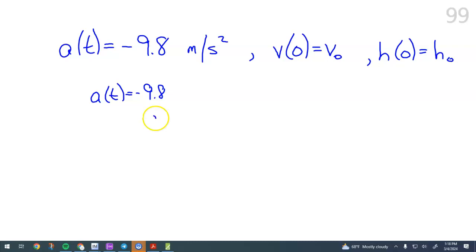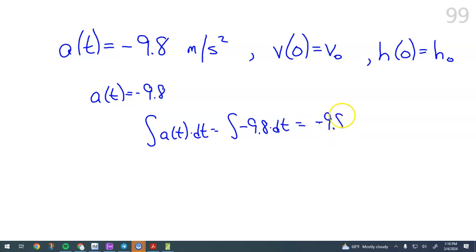Well, if I integrate, that'd be the integral of negative 9.8. What do I get? Say two things actually. So negative 9.8 t plus c, and because I've integrated acceleration, where am I now? I'm at velocity.